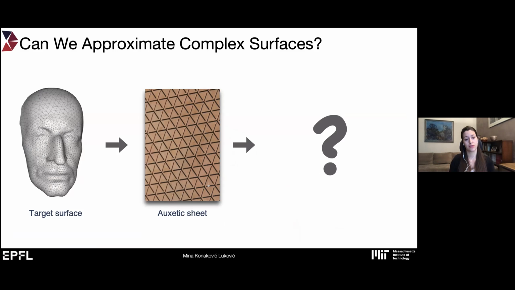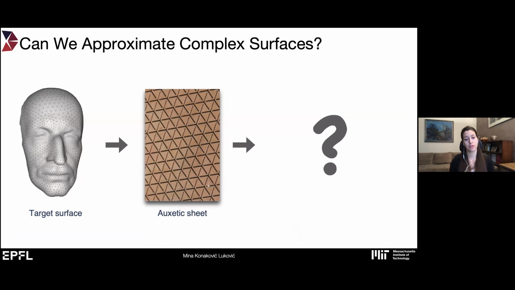And now, since our goal is to model curved objects from flat materials, we want to establish a relationship between the local stretching of the material and the curvature of the surface that we are approximating. And our goal is to move beyond developable surfaces, which have zero Gaussian curvature because they're single curved. We want to be able to approximate also doubly curved surfaces, which have either negative or positive Gaussian curvature.